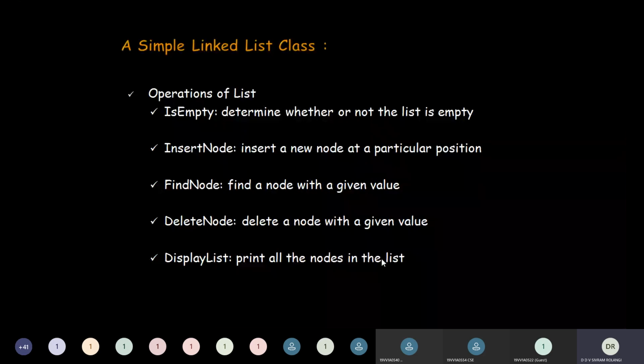So if you delete the previous node carelessly, you will lose the remaining list. It is untraceable. So while deleting an element, we should be very cautious. I will tell you how to do that in a short while. Display list.